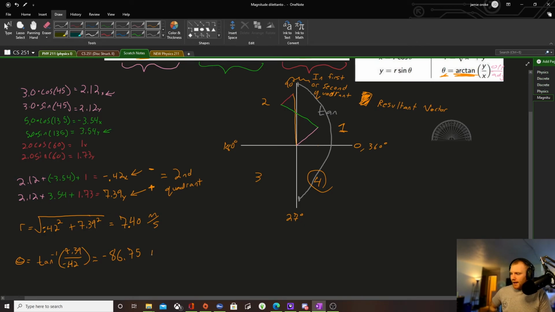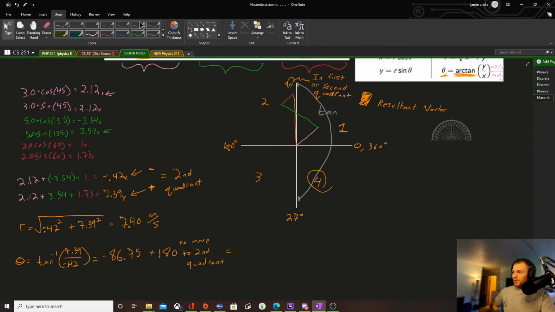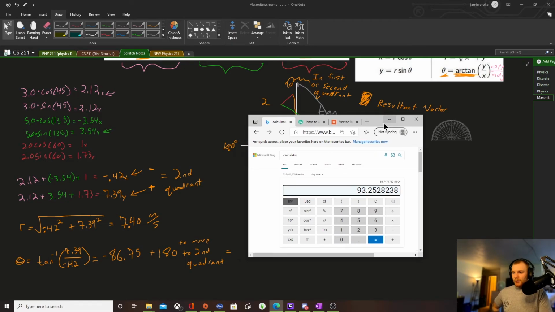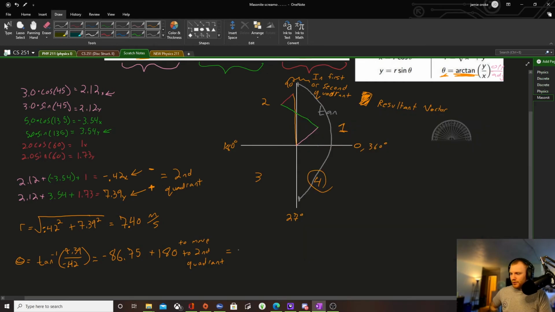So we're going to have to add 180 to move to the second quadrant. So that new number, plus 180, gives us 93.2.